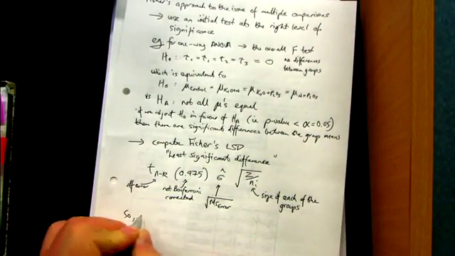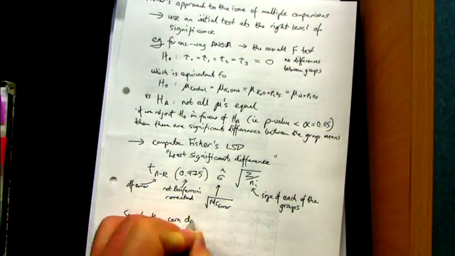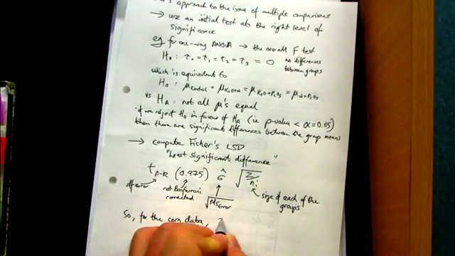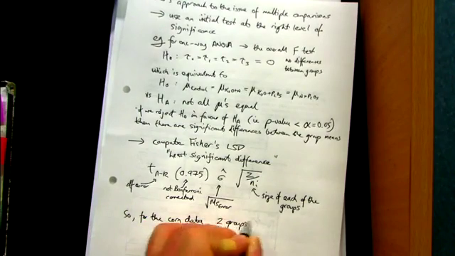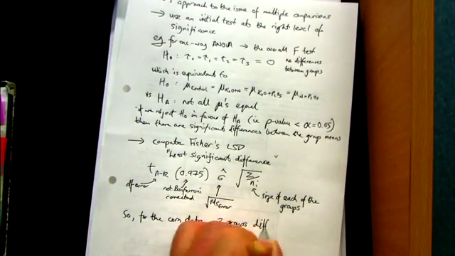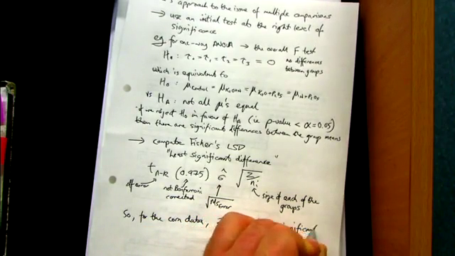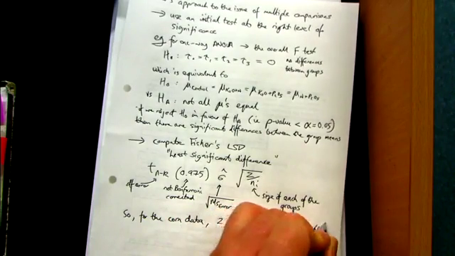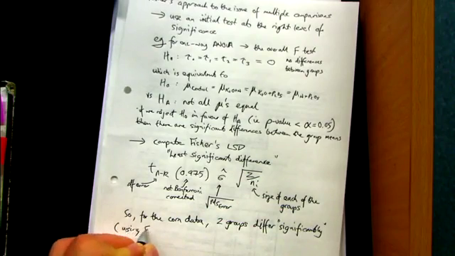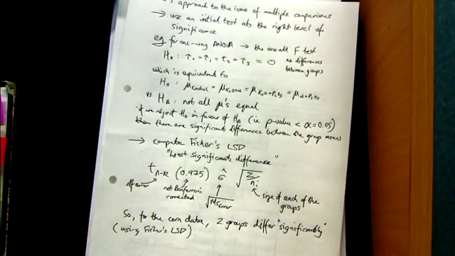So, for the corn data, two groups differ significantly, and I probably should start putting this in inverted commas, using Fisher's LSD and all the assumptions involved in computing that.